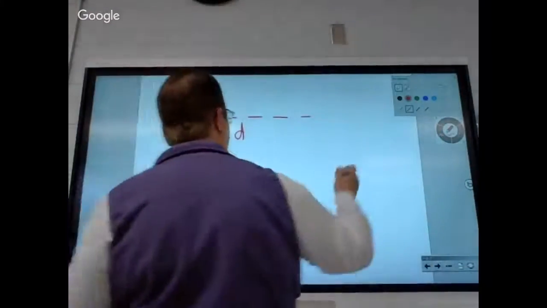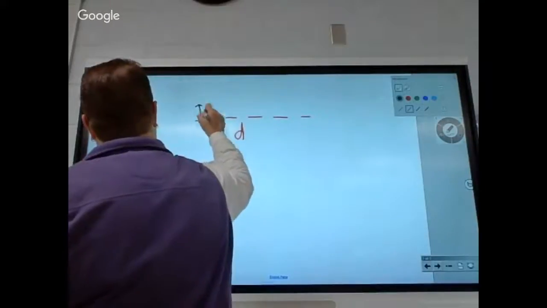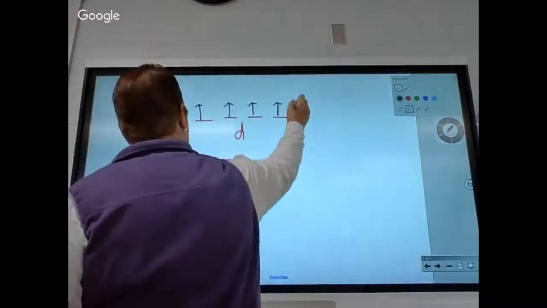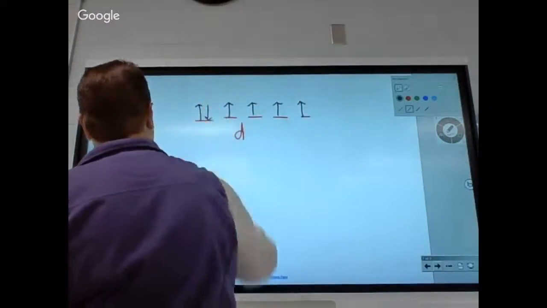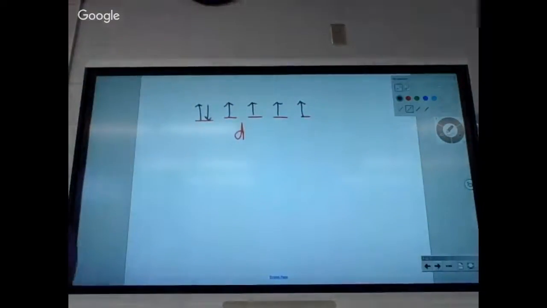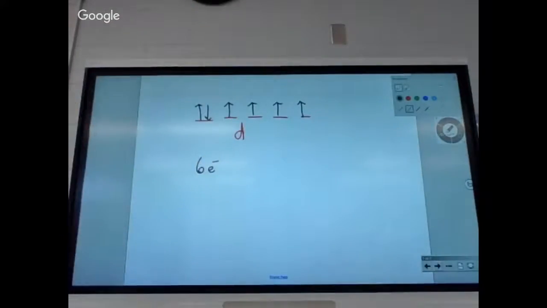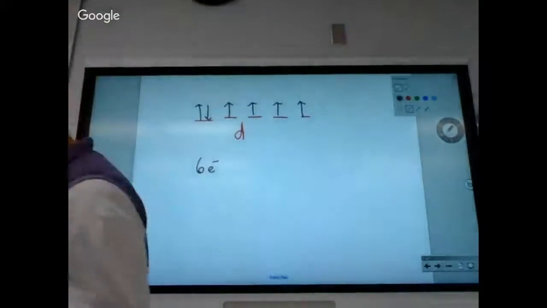So how do the electrons fill in a D sublevel? 1, 2, 3, 4, 5, and then what happens? They pair up. So how many electrons before I get a pair? Okay, so we're talking 6 electrons. So what do I have to do in the D sublevel to get a 6th electron?